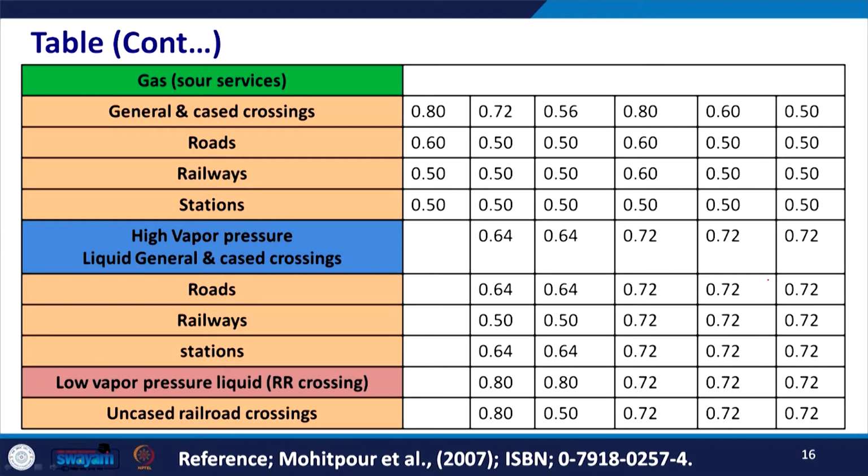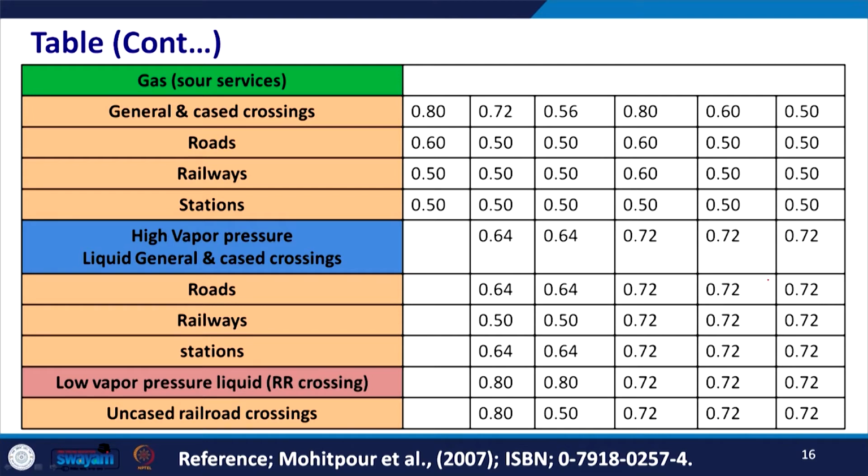Now, if we take the general and crossing with respect to roads and railways, there is a slight variation between these two standards, CSA and ASME. Another class is high vapor pressure or liquid general cased crossing, in which for roads they have 0.64 and 0.64 in class 2 and class 3 in CSA, whereas it is 0.72 in all three classes under ASME.